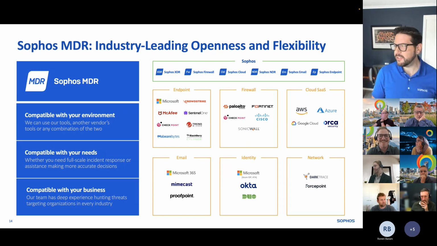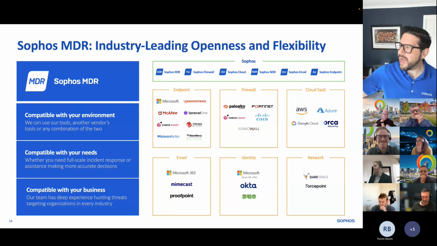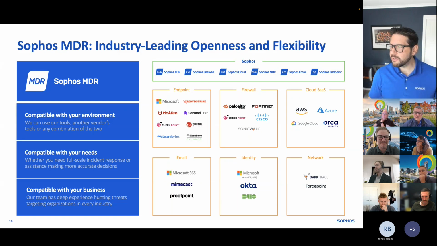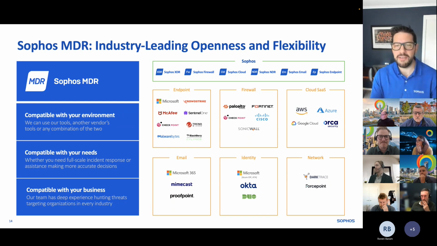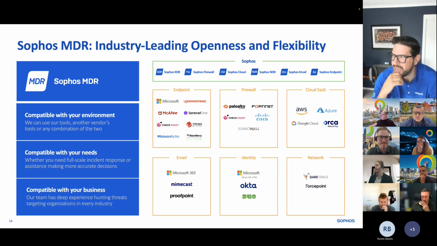So we take it from the telemetry from those sources. But now we also take it from other areas as well. So like I was saying before, Microsoft, Checkpoint, Trend, SentinelOne, CrowdStrike, doesn't matter the endpoint. If it's a major vendor, there's obviously not every vendor, but the vast majority are there, and Aaron's team are adding more and more every day to it. But if they've got one of those ones, the telemetry from those products will go into it so we can see what's going on.